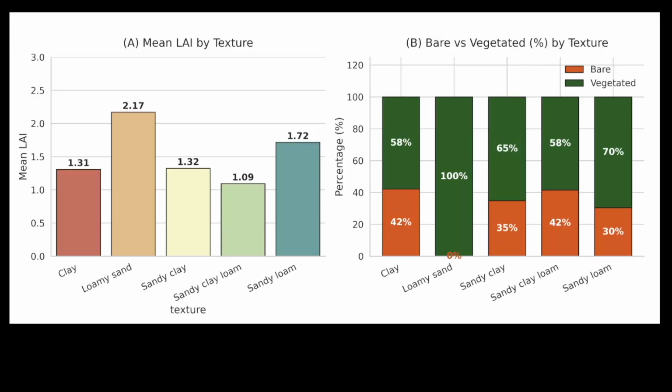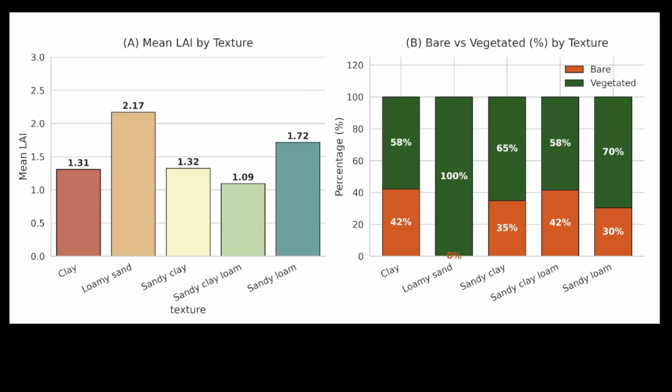Okay, so now we are looking at what's going on within each soil texture. On the left, I'm showing the mean leaf area index for each texture, and on the right, I'm showing the percentage of vegetated soil versus the bare soil. If the high performance of sandy loam was because of weak vegetation, we would expect its mean LAI to be very low, but that's not the case.